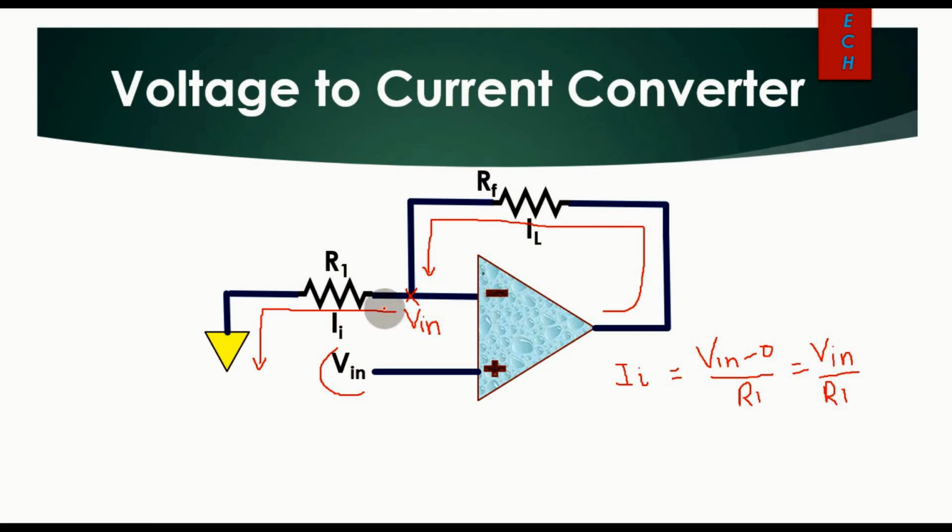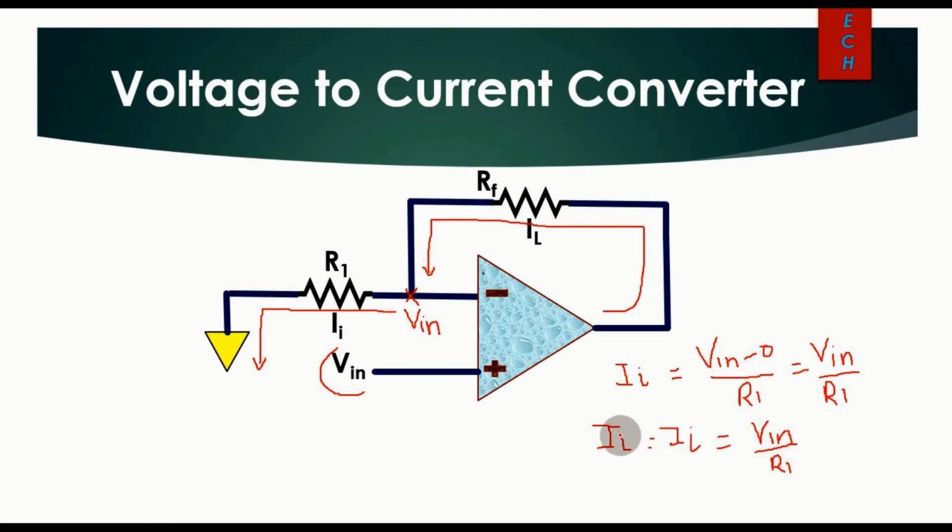So whatever is Ii, the same current would be IL, right? So IL equals Ii, and that would equal V in divided by R1.